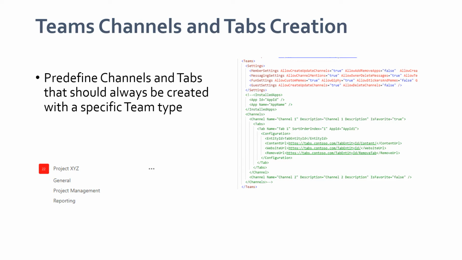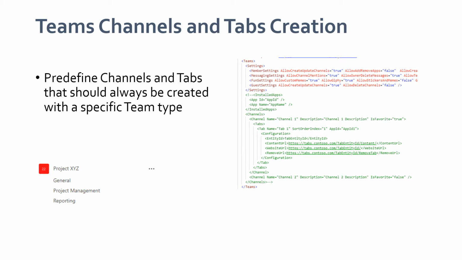So for the templates in Teamwork that you have defined to create new teams, you can now define specific channels that should always be created whenever a team is created, so that, for example, for all of your projects, you can have a project management channel, a reporting channel, a customer communications channel, and whatever channels you feel are appropriate for your use.